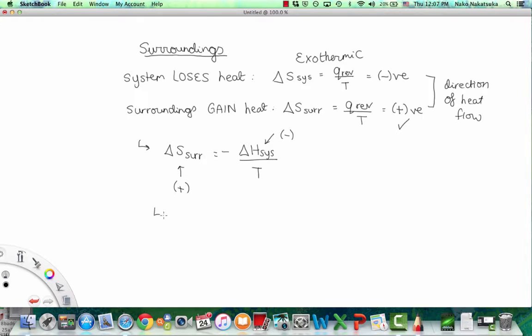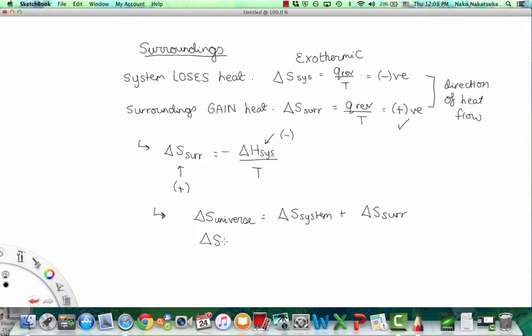And so here are some other equations that you should remember when talking about the system and surroundings. The delta S of the universe is the delta S of the system plus the delta S of the surroundings. So remember, it's a state function, so you can add the values together.